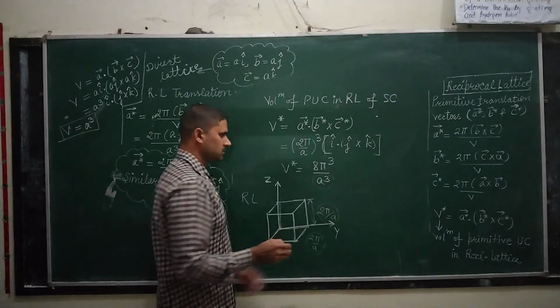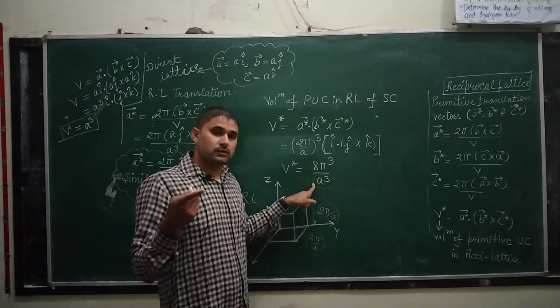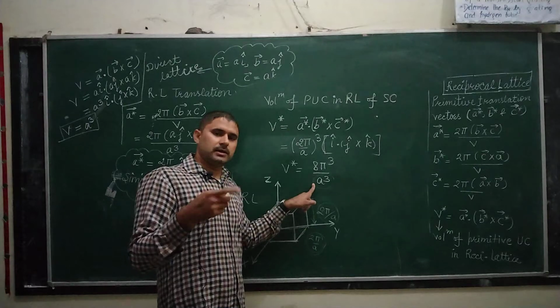And what is this? This is the volume of the primitive unit cell in direct lattice.